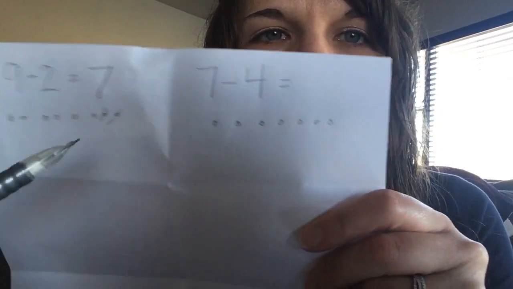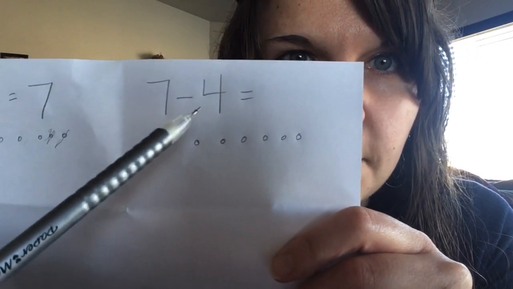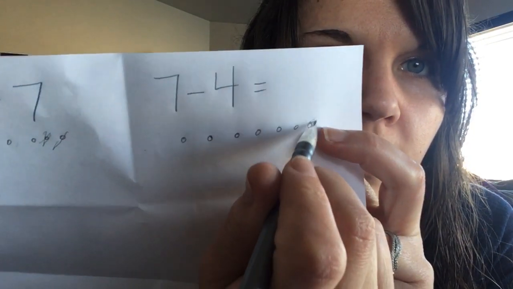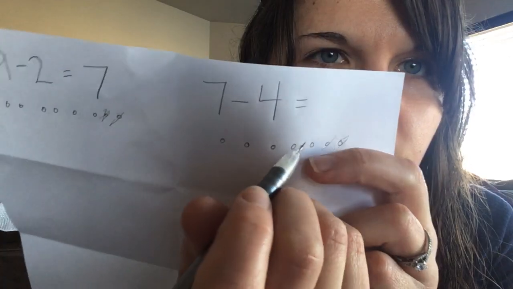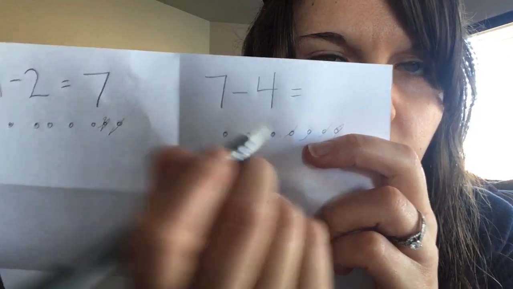It's important that you draw your dots big enough that you can cross them out. Okay, you don't want to draw them too small or too close together because then it gets too messy to work. 7 minus, this reminds me to cross out 4 of them, so I'm going to go over here, neatly cross out 1, 2, 3, 4, and count what's left. 1, 2, 3. 7 minus 4 is 3.